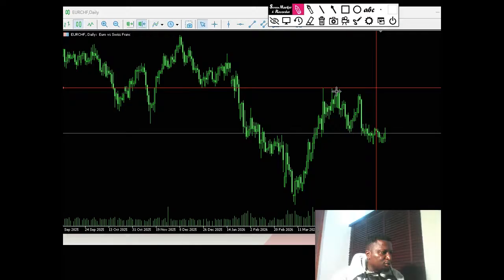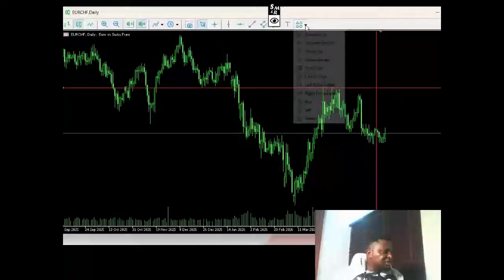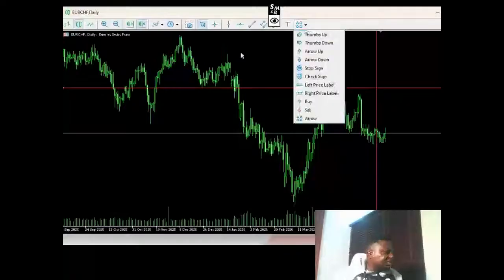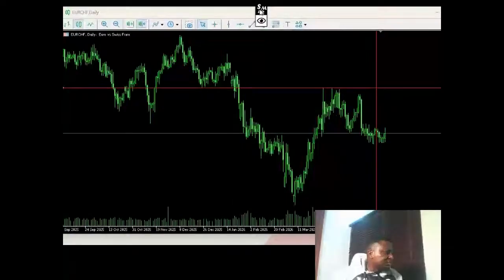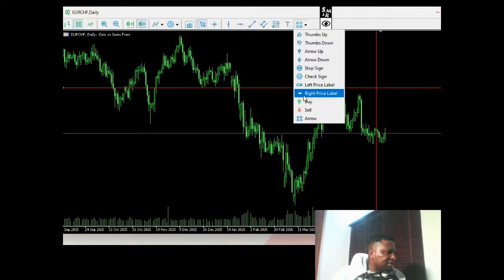So let's look here and see how we can map out this zone. It did not touch here, so we will not include here as the zone. Let me see if I can get a rectangle. That's why I would have preferred what I've used, TradingView.